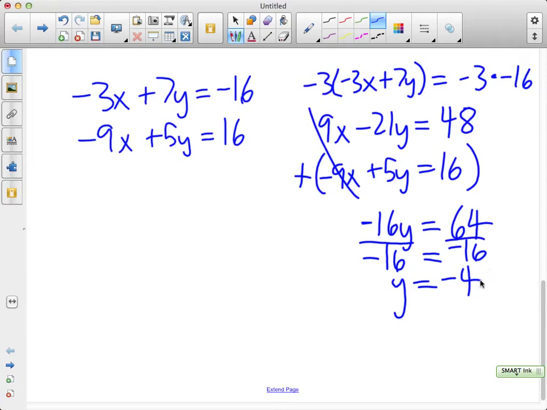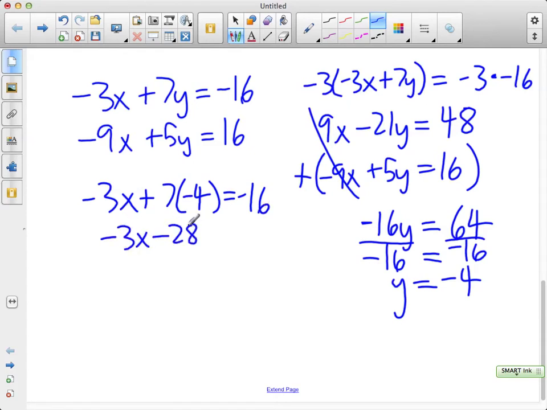And again, I just take my negative 4, I plug it into something. Neither of these equations is hard to work with, but there's not an easier one, obviously. So I'm going to take the top one. So we have negative 3x plus 7 times negative 4 equals negative 16. So negative 3x minus 28 equals negative 16. Add 28 to both sides.